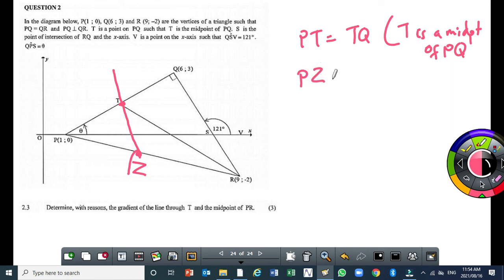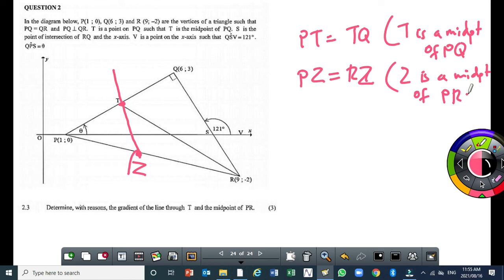So PZ will be equal to RZ. What this means is that Z is the midpoint of PR. Now, I'm sure you know that once you have got a line that bisects two sides like this, then we can call it the midpoint theorem.